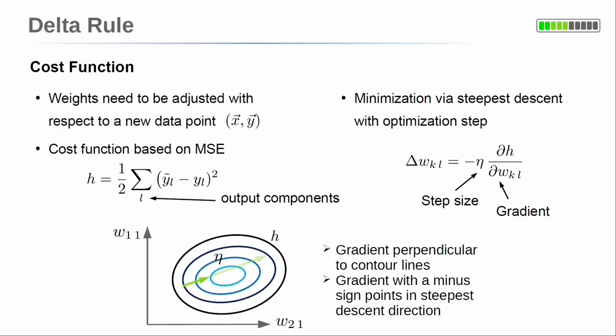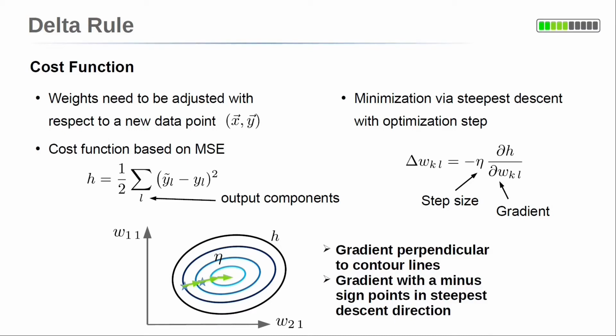So, how do the weight parameters of the neural network need to be adjusted with respect to the data point x, y? We can use a steepest descent minimization of the cost function h. Starting from initial values of the weights w_kl, the weights are varied along the direction of the gradient of the cost function. This is because the gradient is perpendicular to the lines of constant height, the contour lines.